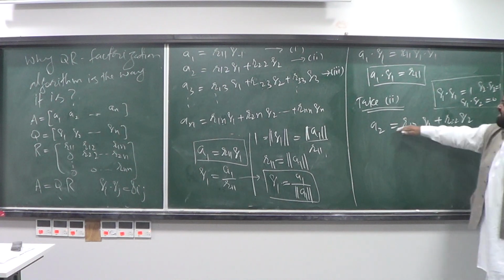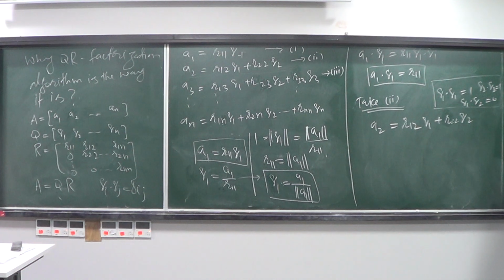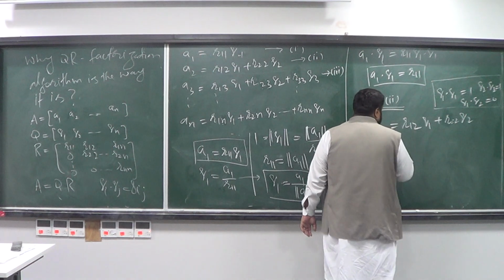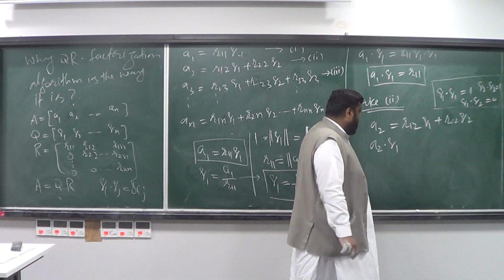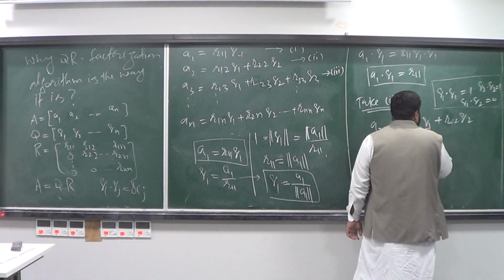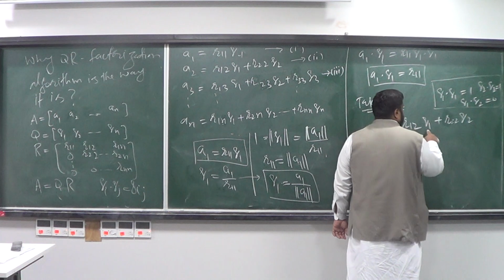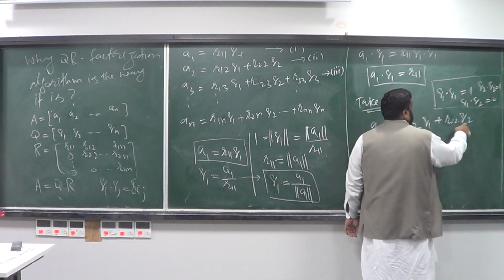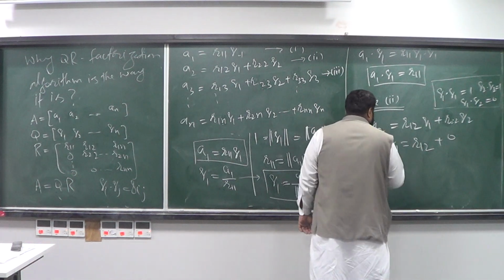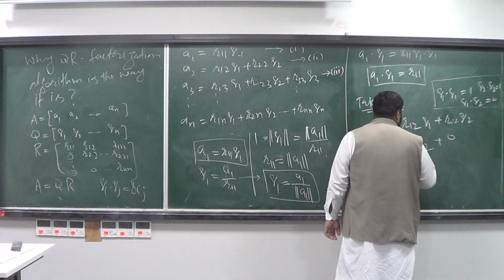So if I take the dot product of both sides of this equation by Q1, you get A2 dot Q1, which is R12 times Q1 dot Q1, which is 1, plus R22 times Q2 dot Q1, which is 0. So R12 is really A2 dot Q1.